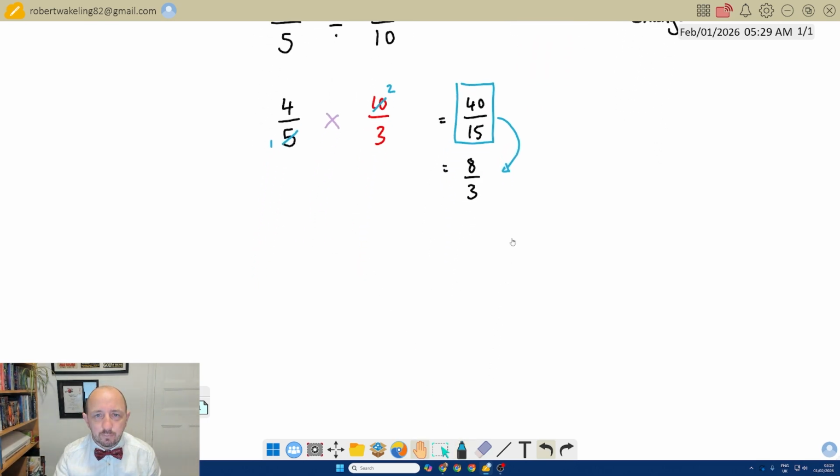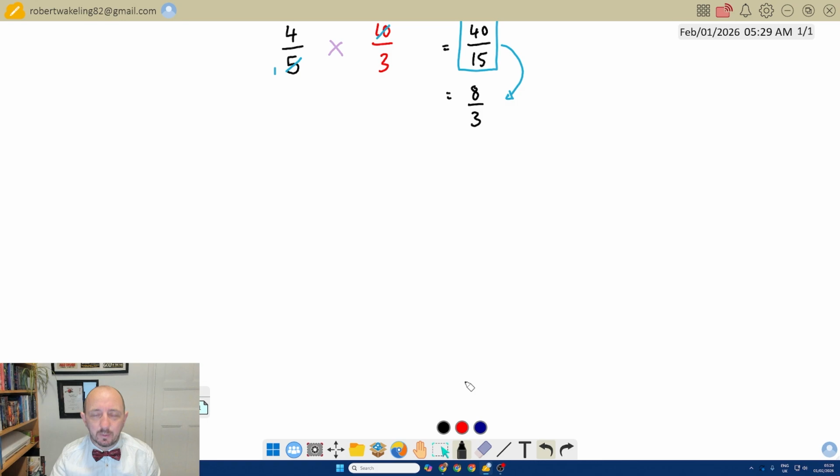So let's try one more where we see a little bit more like a normal GCSE question would be something like 1 2/3 divided by 2 1/6. Okay, so as soon as we see mixed fractions, we're turning them into top heavy by timesing the big number and the denominator, and then adding the numerator.